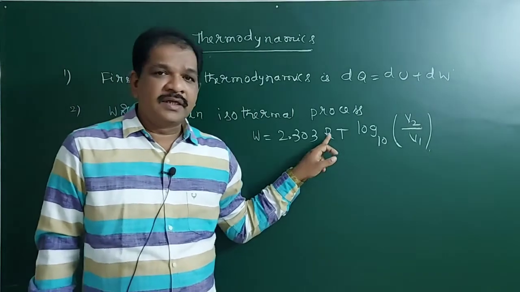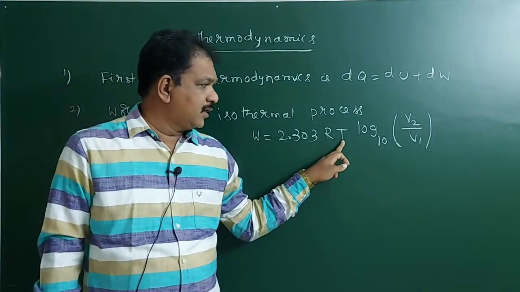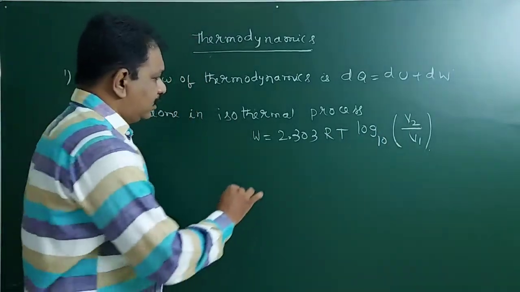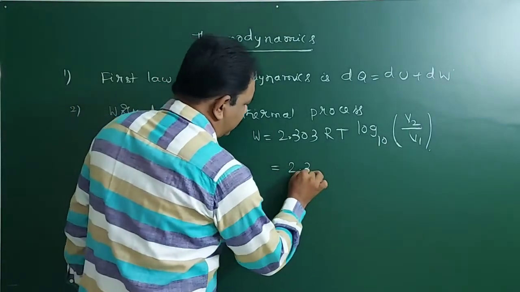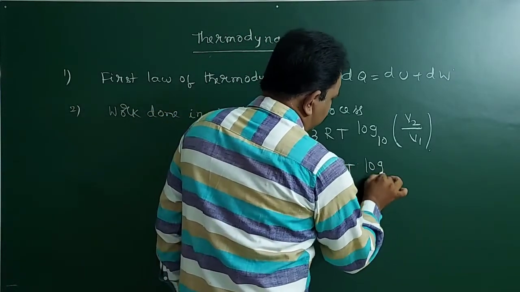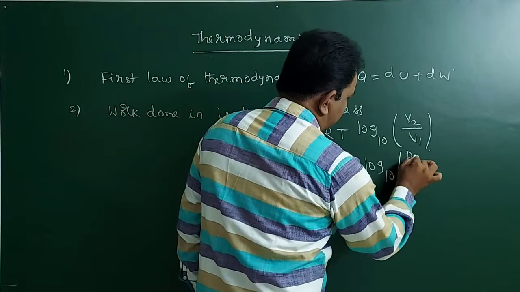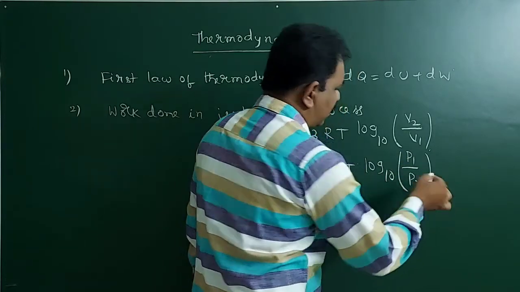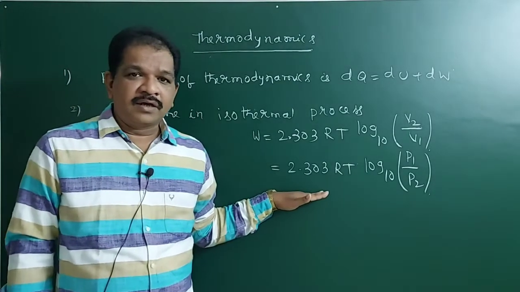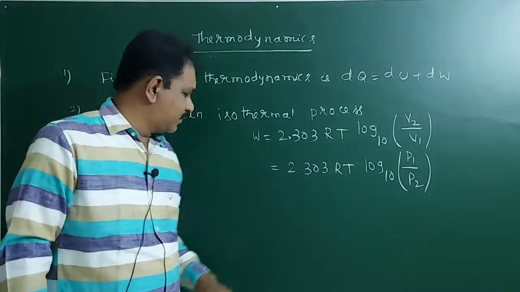R is universal gas constant, T is the absolute temperature, V1, V2 will be the volumes. Or we can write this formula as 2.303 RT log base 10 P1 by P2. Okay, this is the formula for work done in isothermal process.